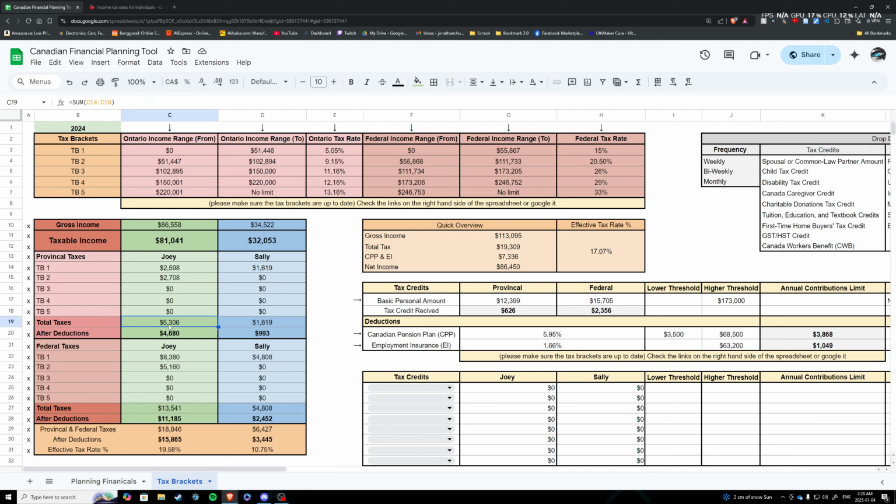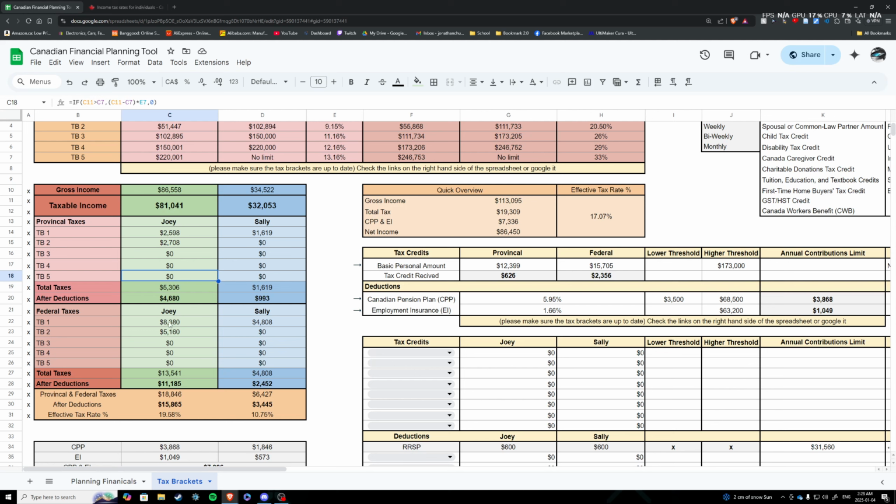And then you can see the total taxes that Joey would have to pay, and then you can see after deductions. So that's for provincial, and then the same thing is for the federal. So 8,400 for the first tax bracket and roughly 5,000 for the next tax bracket.